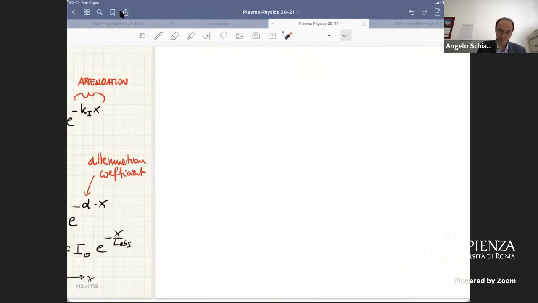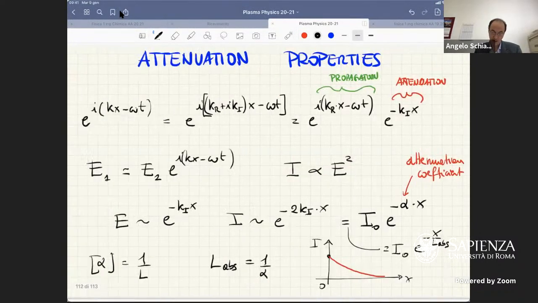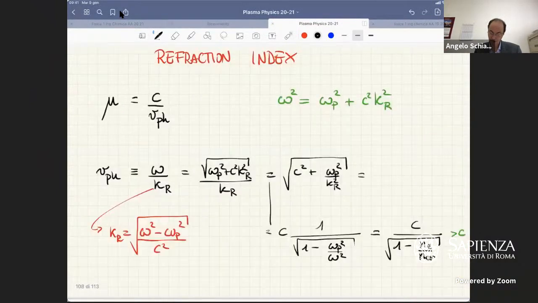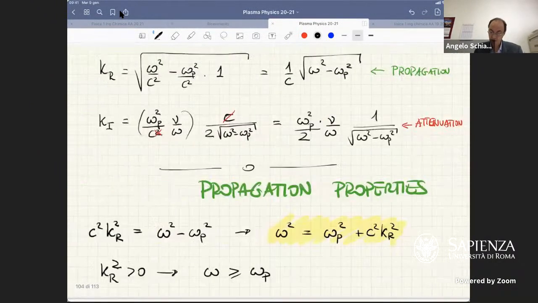So we can write that alpha is equal to twice ki, and ki is, I'm copying back from what we had, let's go and take it. We had it somewhere at the beginning today. Okay, this one here. So let's take it.